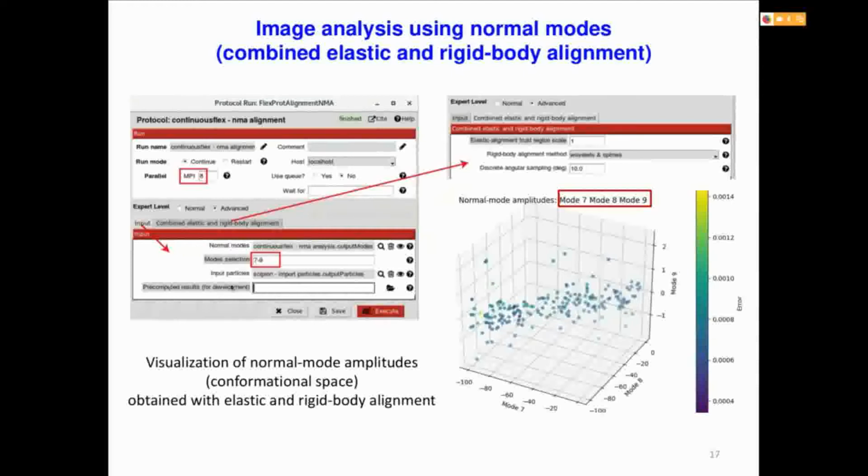We have one field here that normally should stay empty, but for us it is useful because we can quickly analyze the rest of the protocol, the rest of the tree.